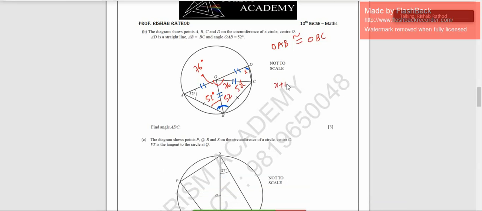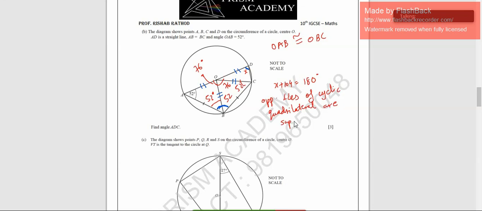So x plus 104 is equal to 180 degrees. These are opposite angles of a cyclic quadrilateral, which are supplementary. So x becomes 180 minus 104, which is 76.